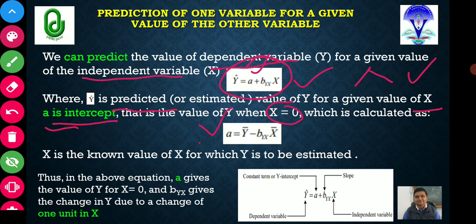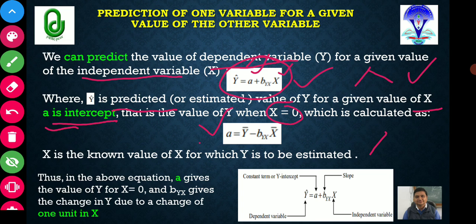Now what is x? X is the known value of x for which y is to be estimated. X has some known value, and with this value we will be estimating y.